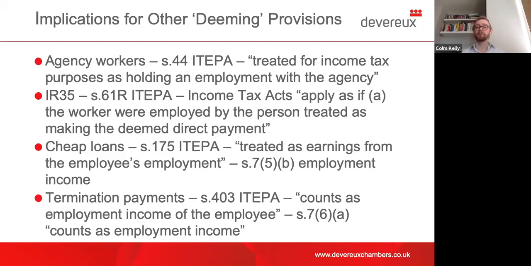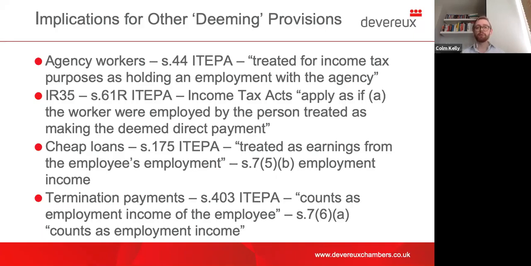So query whether that means that for DTA purposes, in Article 15, agency workers who in the real world are self-employed are deemed to be employees. Does that then feed through to Article 3.2 and supply the meaning of employment for DTA purposes? Perhaps. It's possibly one of the most interesting examples in ITEPA.